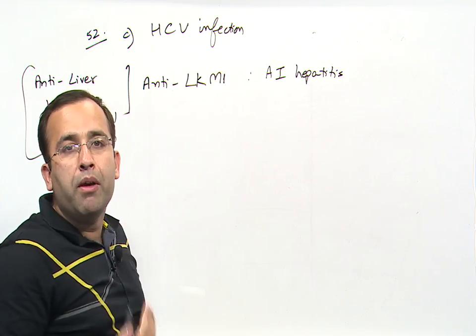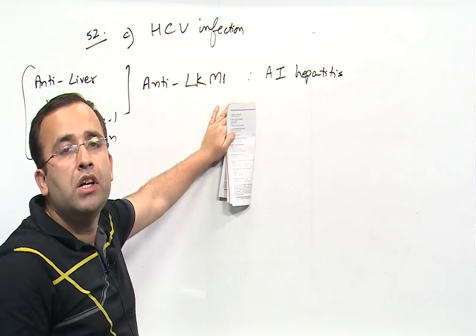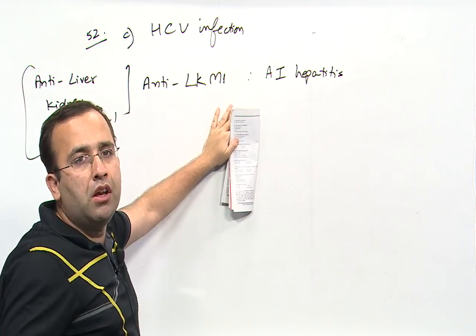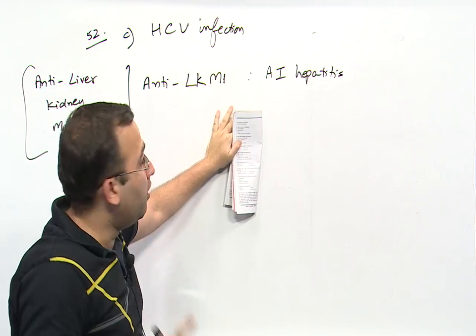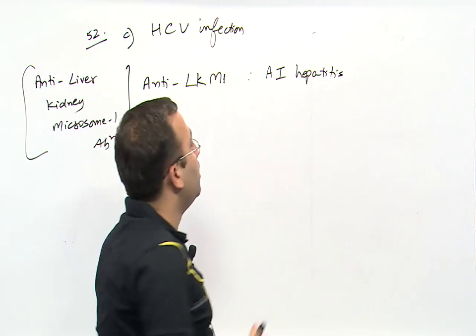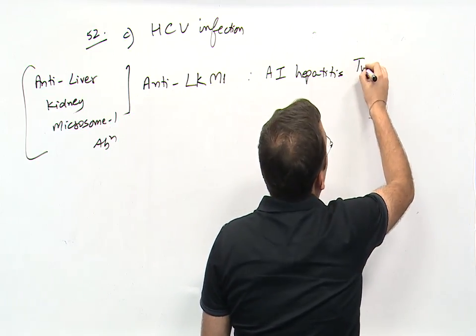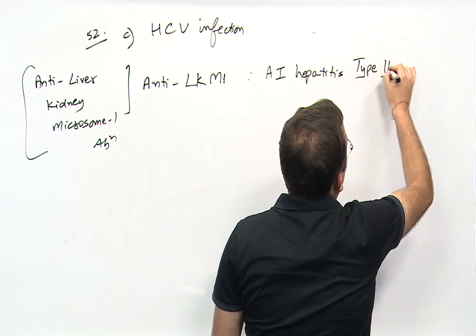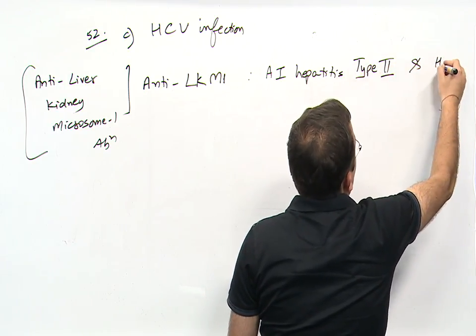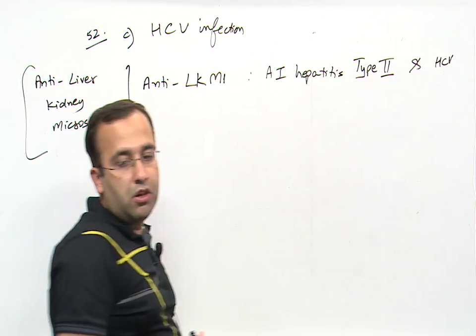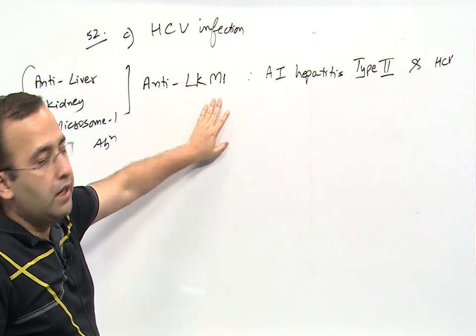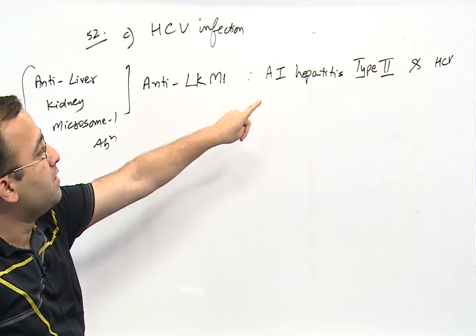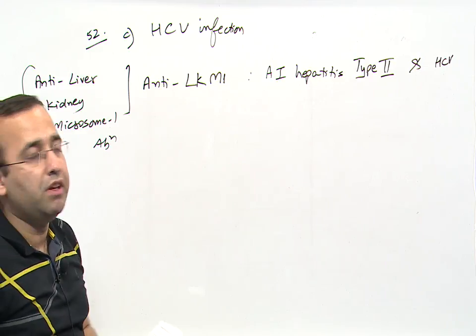Autoimmune hepatitis is of 3 types, type 1, type 2, type 3. Most common is type 1, but anti-LKM1 is seen in autoimmune hepatitis type 2 and hepatitis C virus infection.